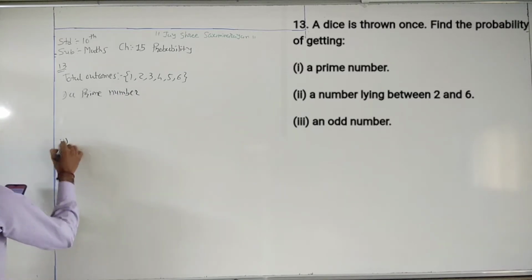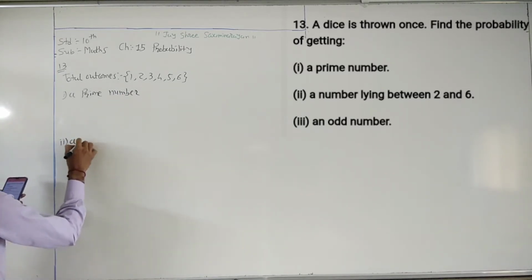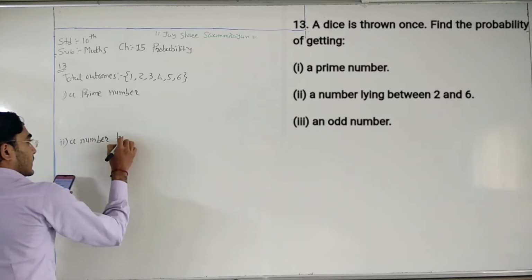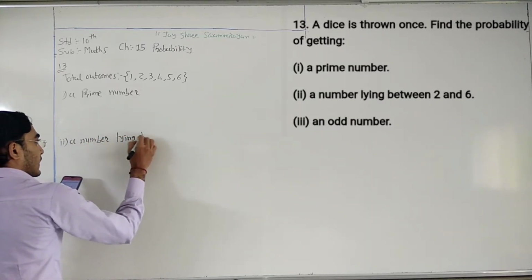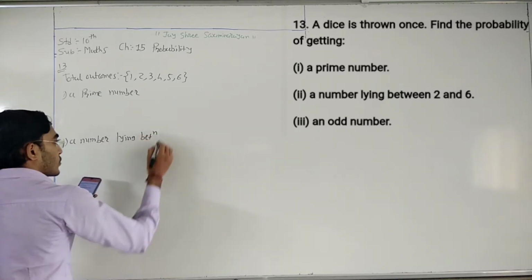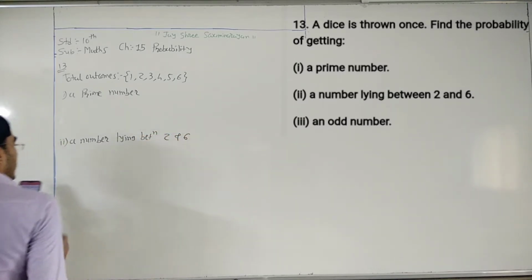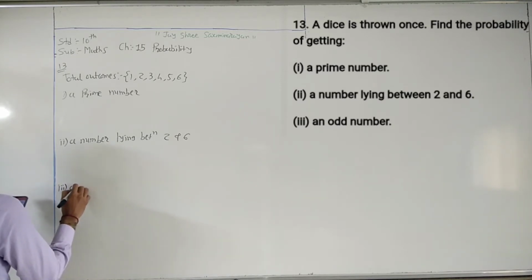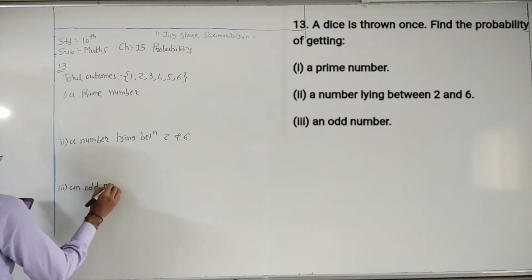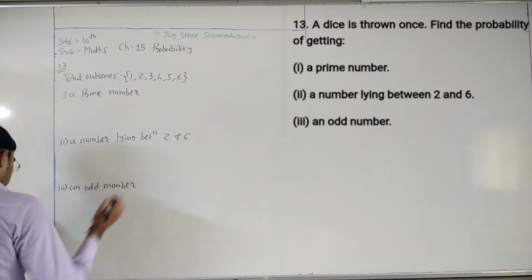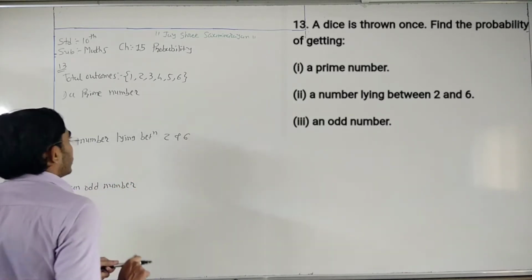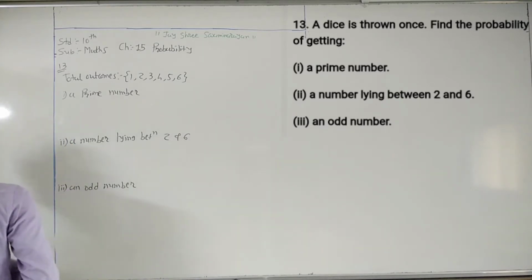Second one is a number lying between 2 and 6, and third one is an odd number. Okay, so first of all we need to find the probability for prime number.